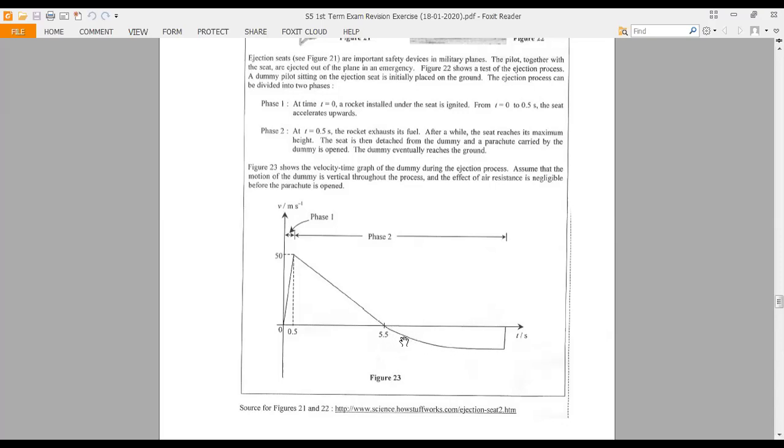And after that, it will start going downward. It has acceleration at the beginning, but you see it's curving upward. That means the slope would become smaller and smaller. Okay, the slope is getting smaller. You may just imagine it's slowing down.